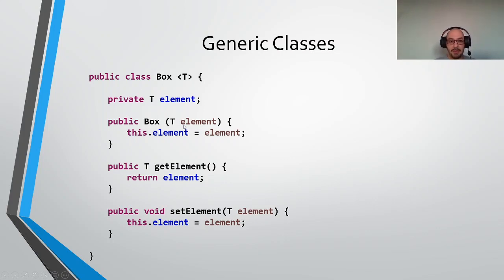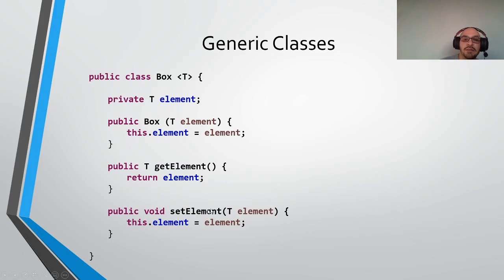Then I have a constructor. The constructor Box takes the element T of whatever type has been defined. And finally, I can assign that to the attribute of the class. And I can define also my generic methods. A getElement which will return the element of the type T, regardless of what type that is.